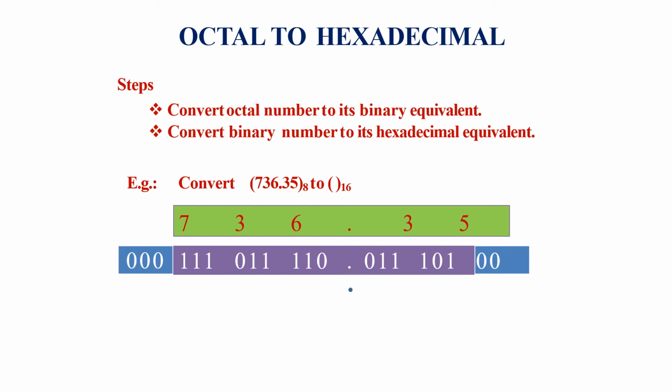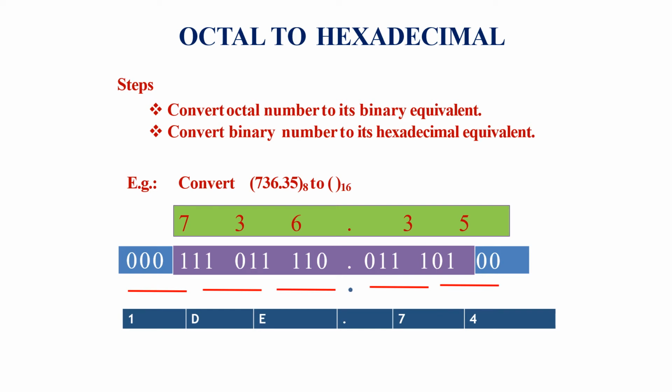So we have converted the given octal number into equivalent binary. Now this binary can be converted into hexadecimal. We know how to convert the given binary into its hexadecimal equivalent, that is, starting from the LSB by grouping each 4 bits as a group, isn't it? So 0, 1, 1, 1 as a group, and then 1, 0, 1, 1 as a group, and finally there is only 1 bit.